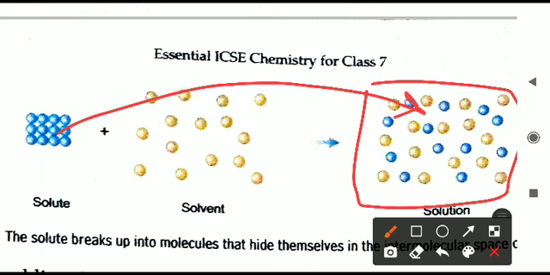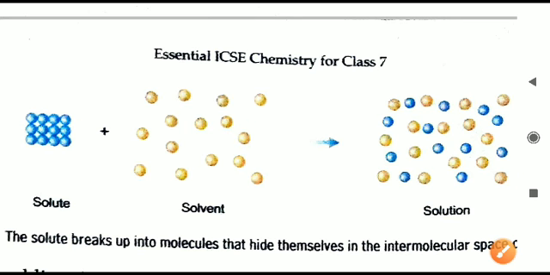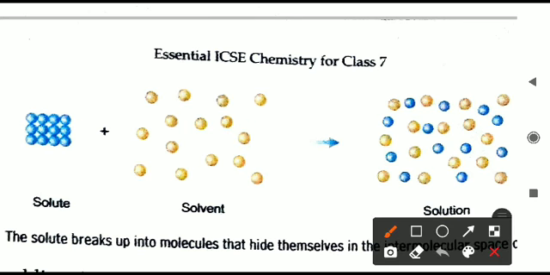They have occupied the place in between the yellow dots. Yellow dots are of the liquid, blue ones are of the solid. On the right side of this diagram, all are mixed with each other. Whatever intermolecular space is available between the liquid molecules, that space only will be occupied by the solid molecules, and ultimately a solution is obtained.